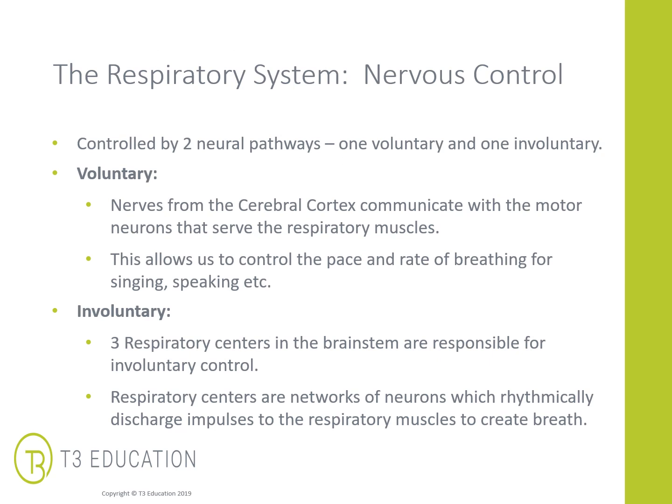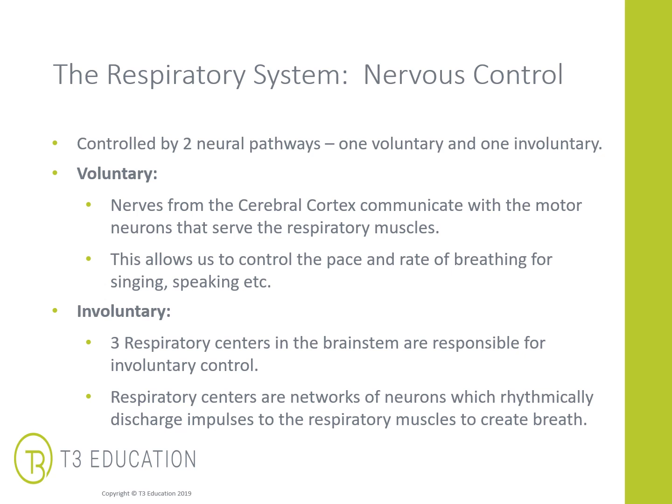So how is this complex system controlled? We breathe tens of thousands of times a day, but it's not really something you often think about unless you consciously do some breath work. It's controlled in two neural pathways, one voluntary and one involuntary. So voluntarily, nerves from the cerebral cortex communicate with the motor neurons that serve the respiratory muscles.